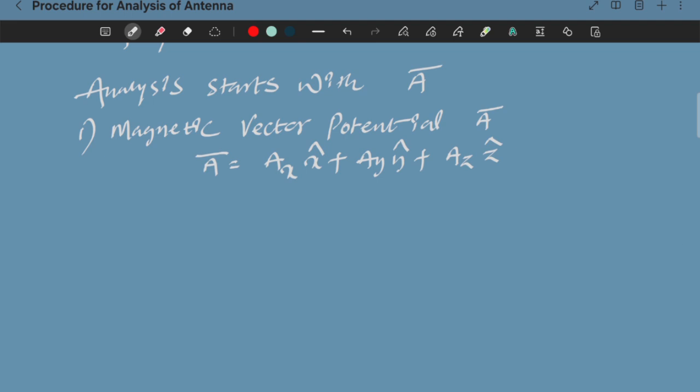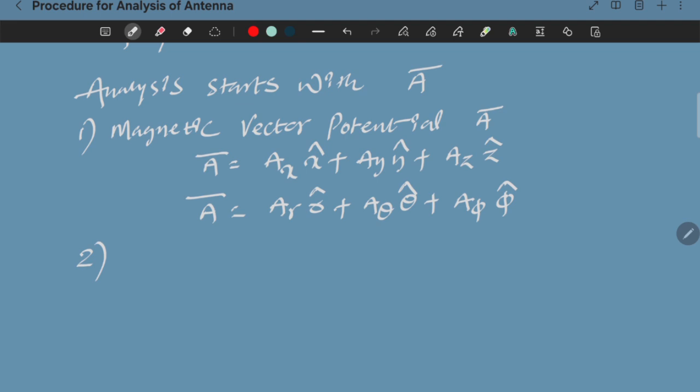So it is required to convert this A bar into spherical coordinate system. Same A bar, but we should write in spherical coordinate system, like here r cap A r plus theta cap A theta plus phi cap A phi. Like this we have to write. Okay, we can tell it is step 1.